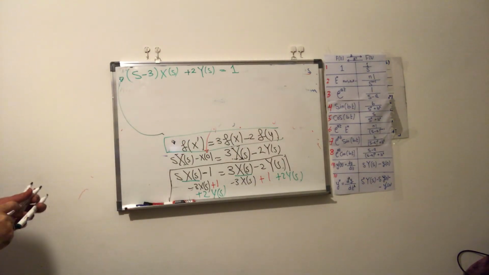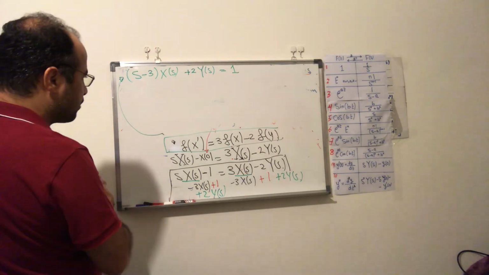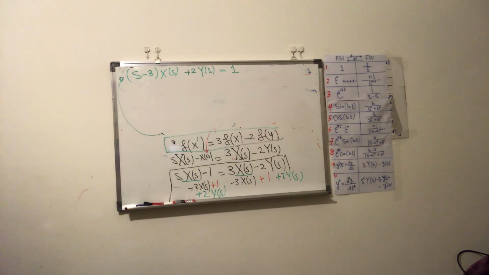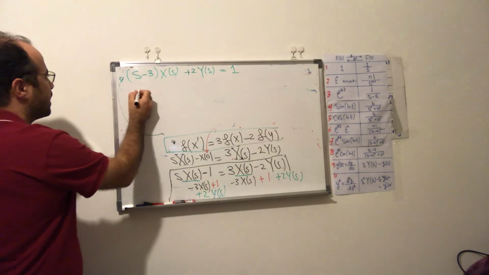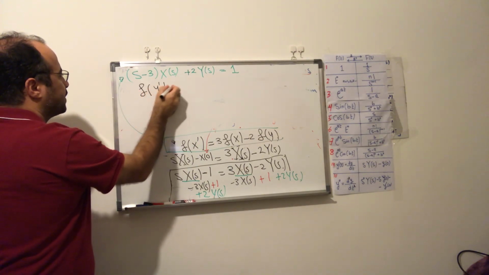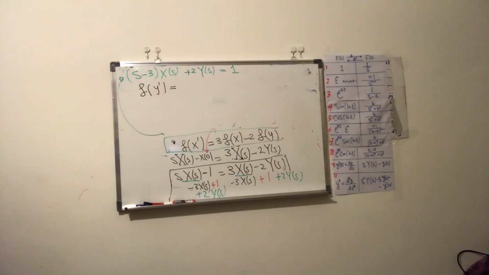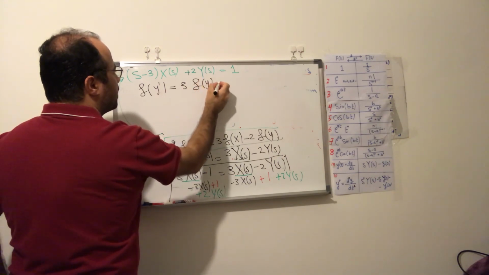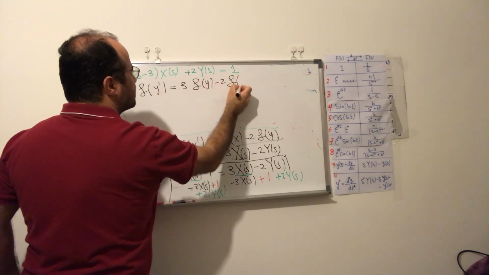Let me go with the other equation, which was, sorry, maybe I erased that equation. It was 3y minus 2x. The other equation is the Laplace transform of y prime. It should equal 3 times the Laplace transform of y minus 2 times the Laplace of x.